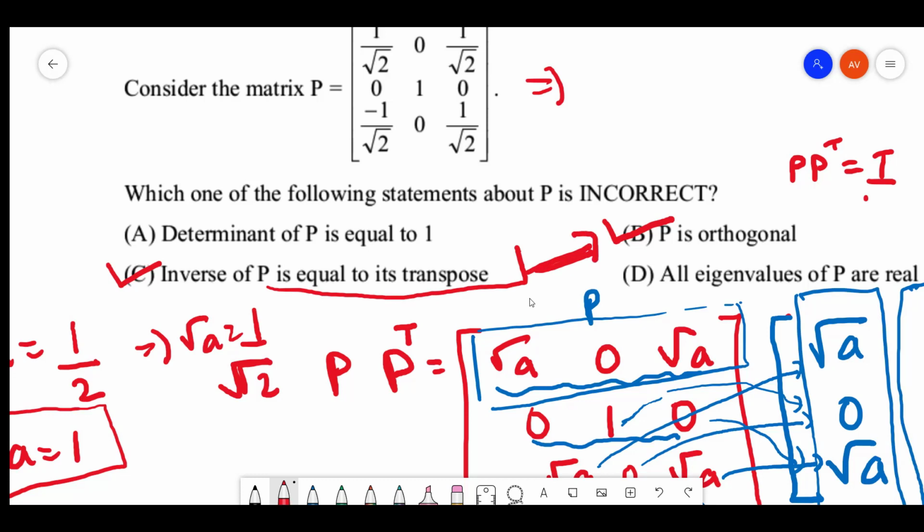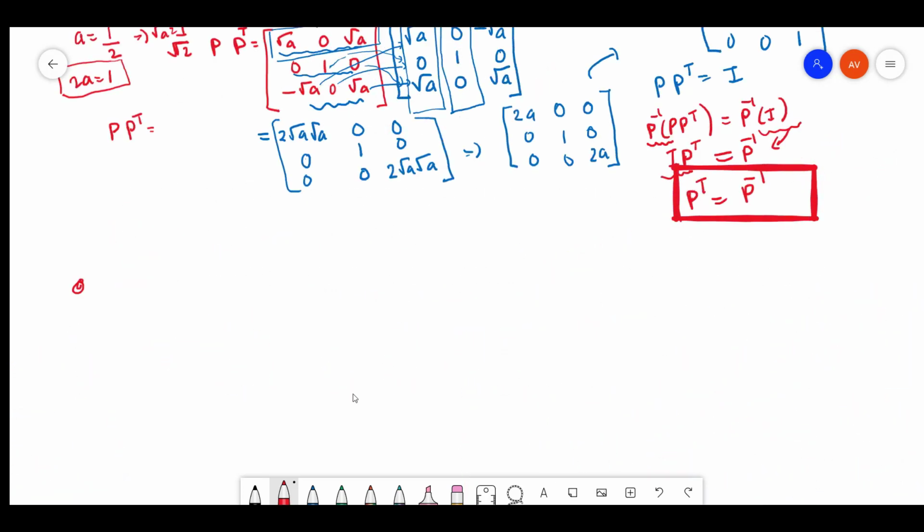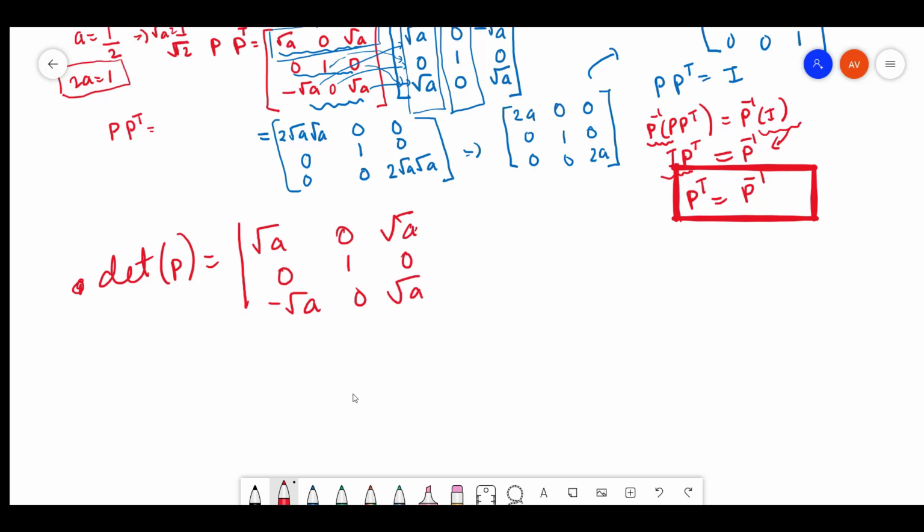Now let's focus on A. What is the determinant of P? If it is equal to 1, A is also correct. The determinant of P is the determinant of root a 0 minus root a, 0 1 0, root a 0 root a.